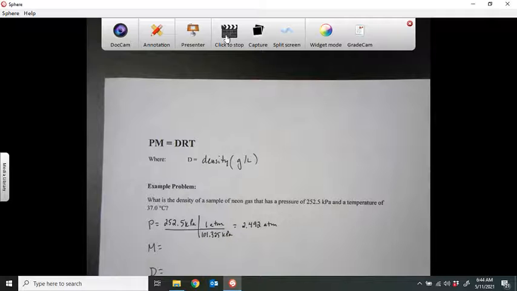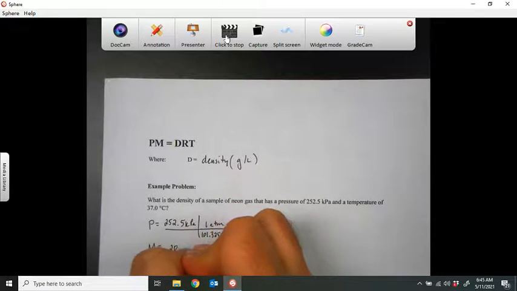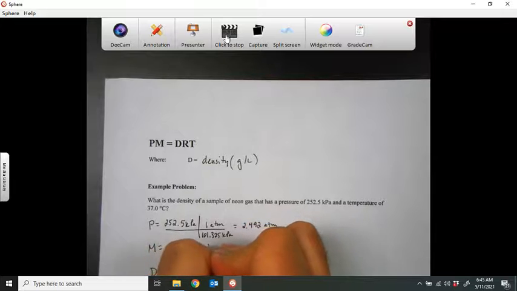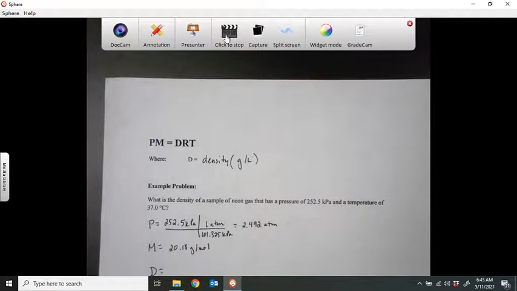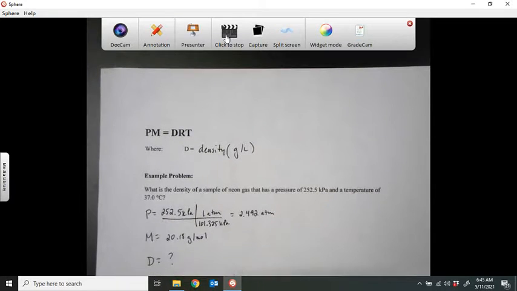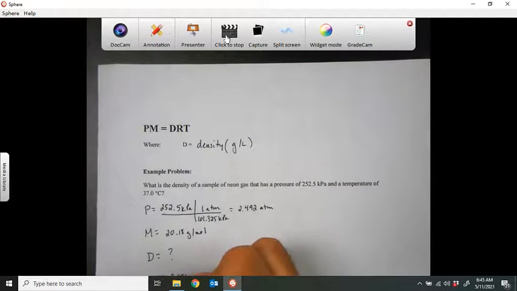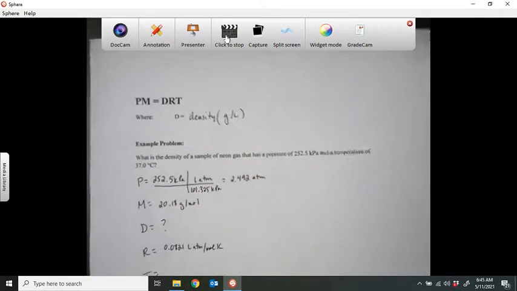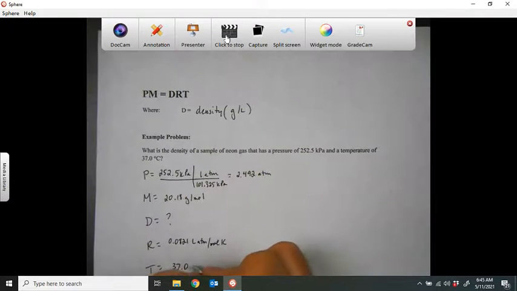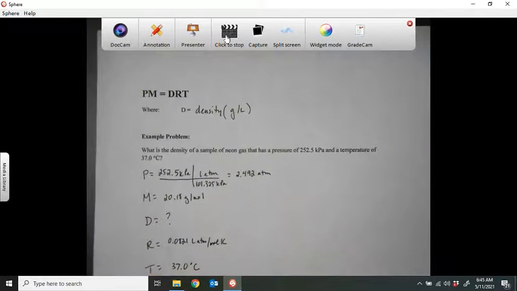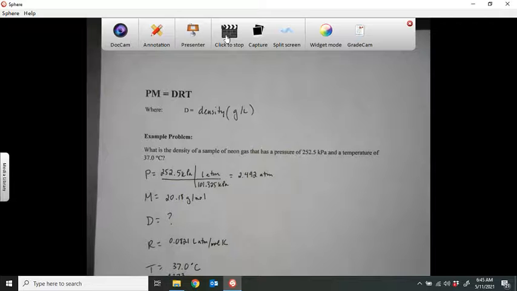We have neon, so you have to look up the formula mass of neon, and it's 20.18 grams per mole. I just got that off of the periodic table. It's asking for density. Our R value is right here. And our temperature is 37.0 degrees Celsius. We have to convert that into Kelvin by adding 273, and we get 310 Kelvin.